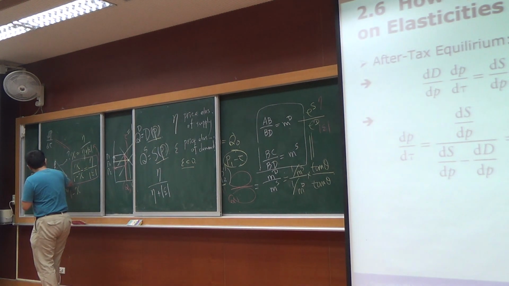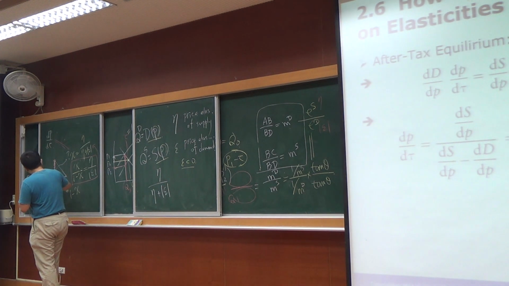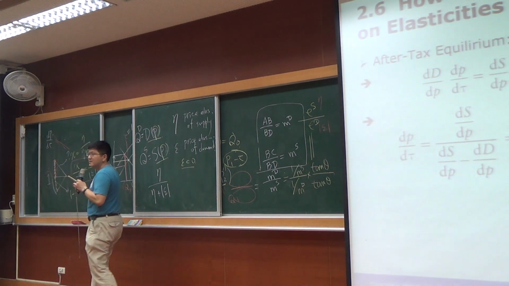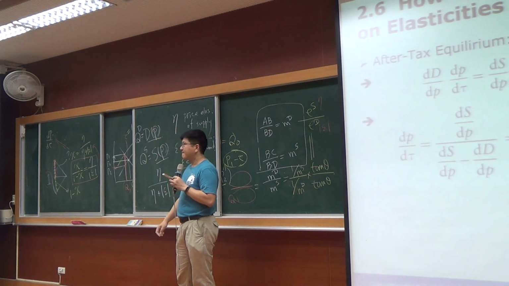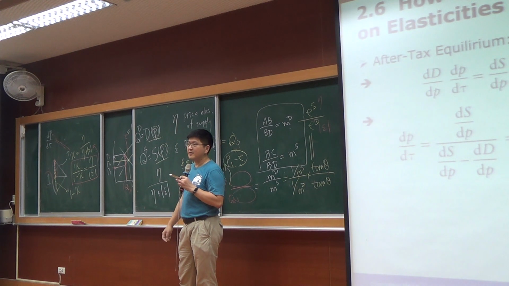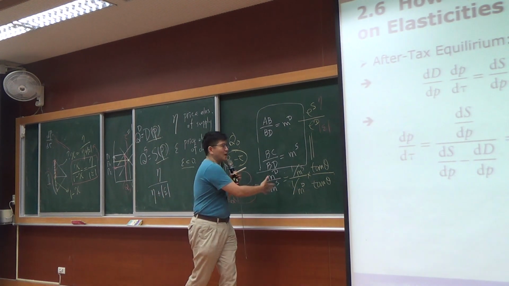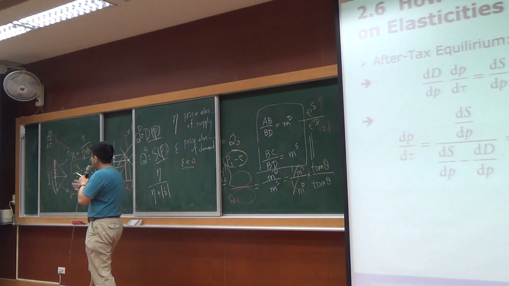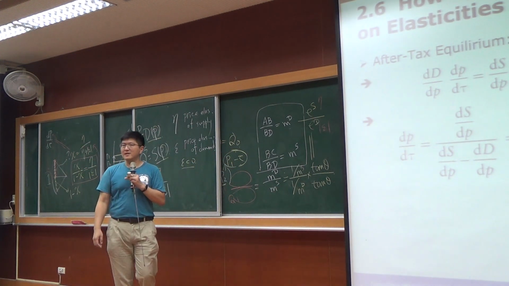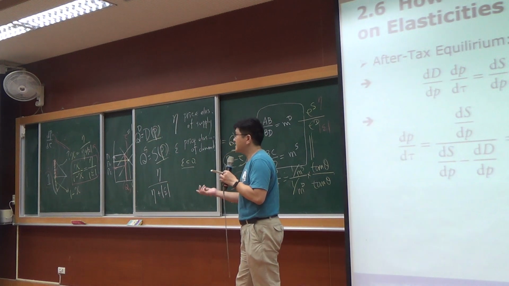So this part is x: the change in tau by 1 unit, and the change in price. I hope you may associate this one to this one. Actually, they are the same thing.